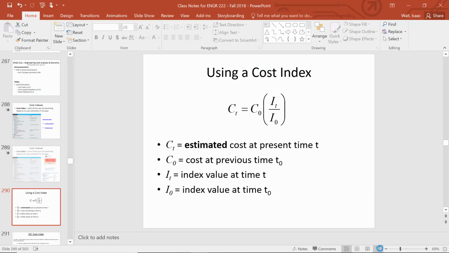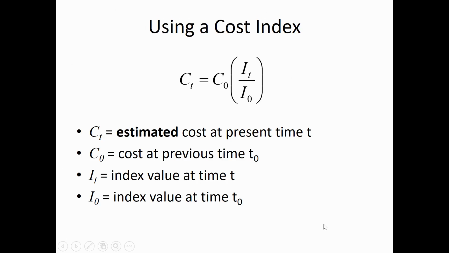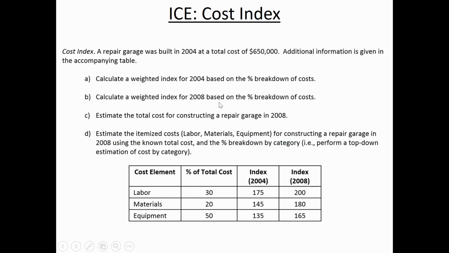You find the index value from the year of interest, that's I sub t, and you multiply it by the cost in the year where you knew the cost and the index value at that time. So just to get a feel for how this type of information is used, let's use it to estimate the cost of building a repair garage.